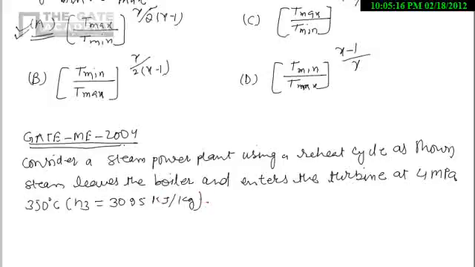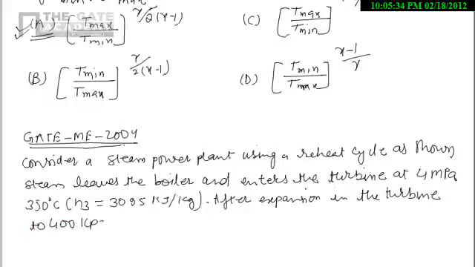After expansion in the turbine to 400 kilopascal, H4 equals 2609 kilojoule per kg.